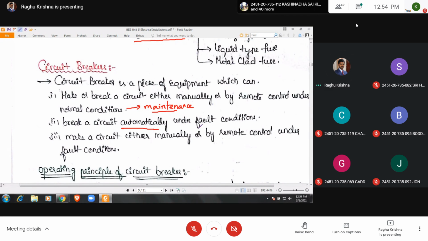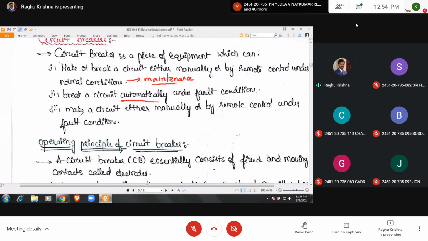Next, make a circuit either manually or by remote control under fault conditions. This will be studied by the third-year students. Under fault conditions also, we close the circuit using the circuit breaker, because most of the faults are temporary and will be cleared automatically.